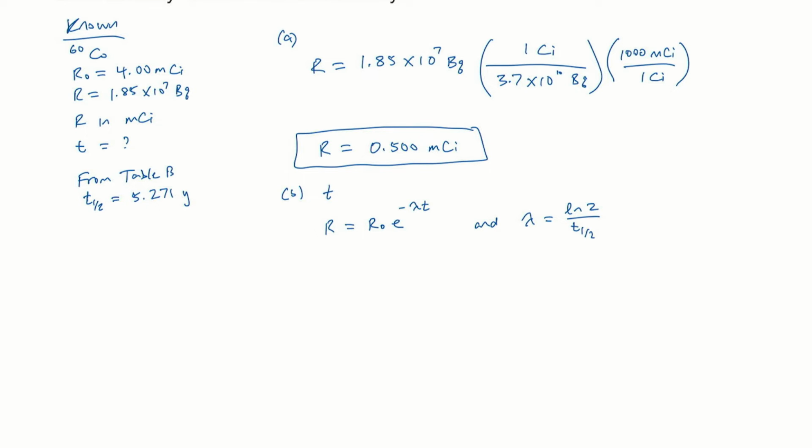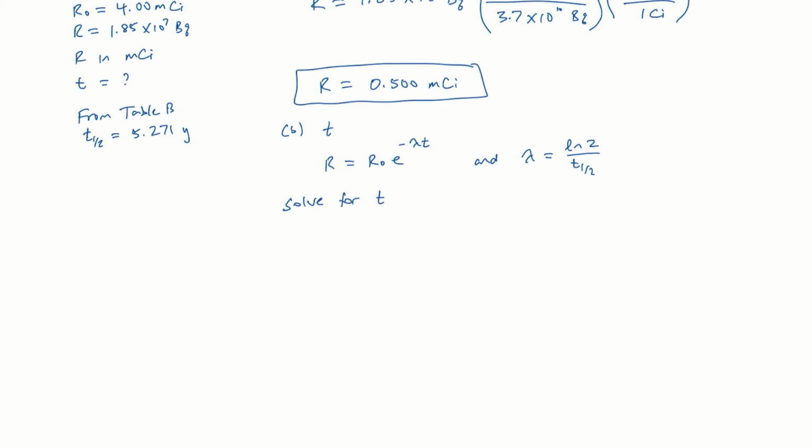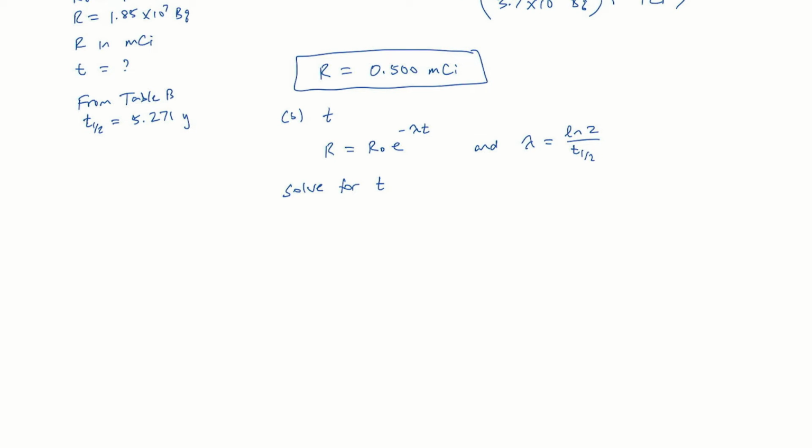And so let's solve for t, and then we will put the lambda in. So the first thing we're going to do is divide both sides by R naught. And so R divided by R naught is e to the minus lambda t.